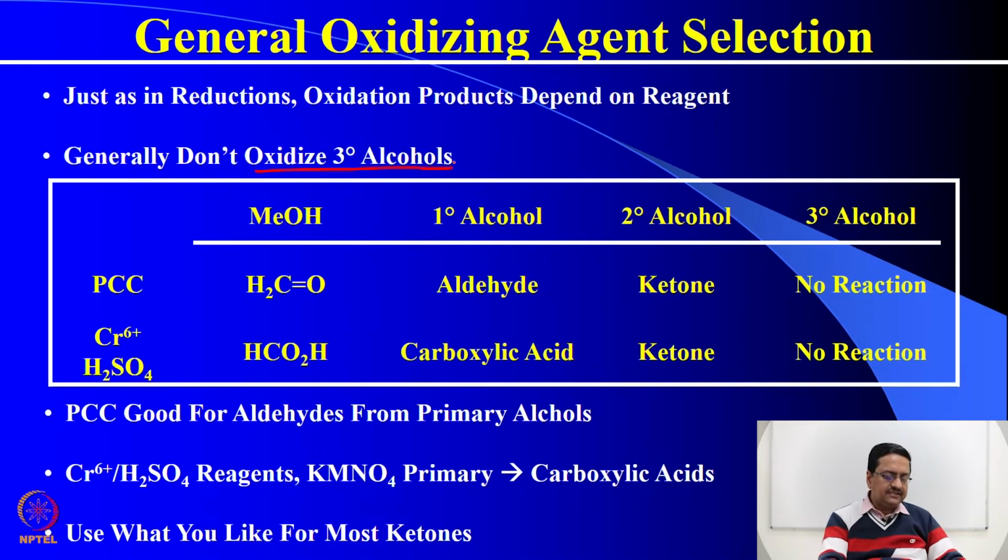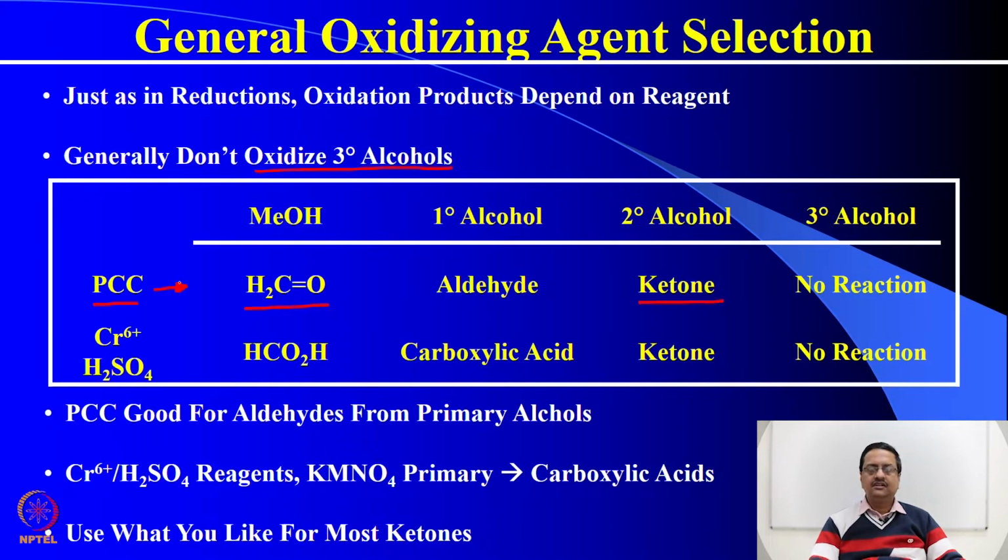If you use PCC, pyridinium chlorochromate, it can oxidize methanol to formaldehyde, 1 degree alcohol to any other higher aldehyde, 2 degree alcohol to a ketone, and it does not have any effect on a 3 degree alcohol.